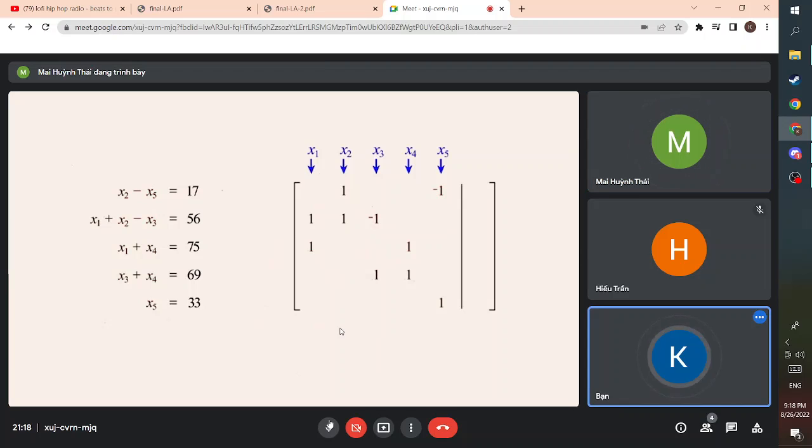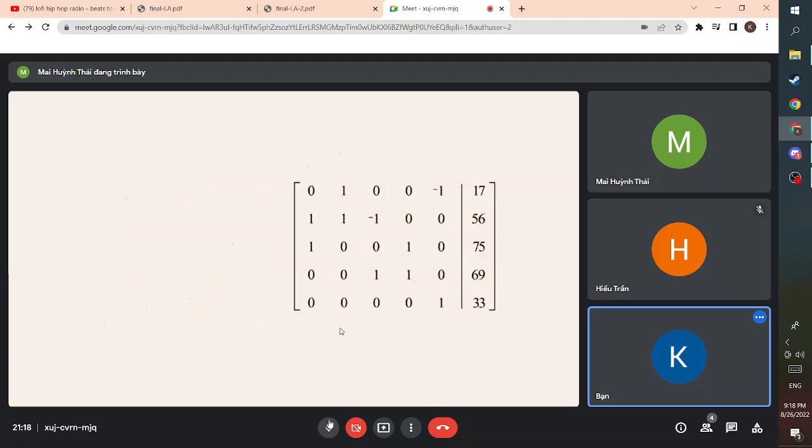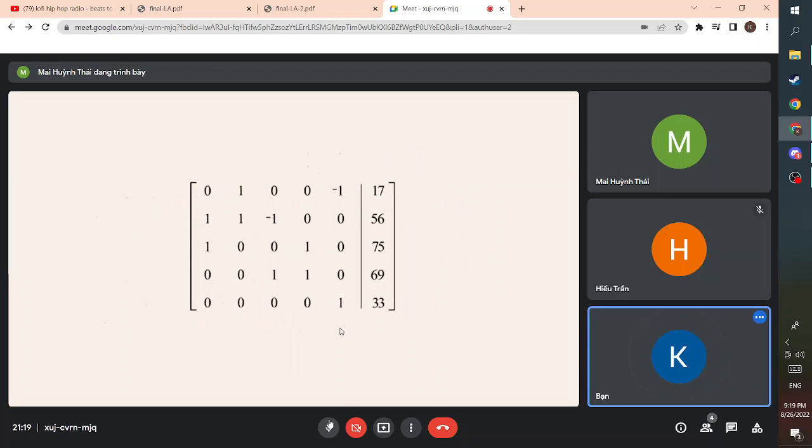The constant in the equation then becomes the entry to the right of the vertical line. A matrix like this, where most of the entries are zero, is called a sparse matrix.